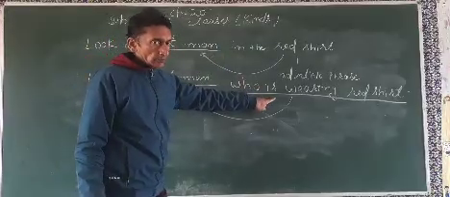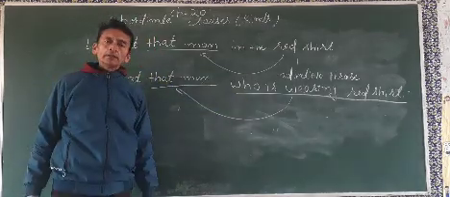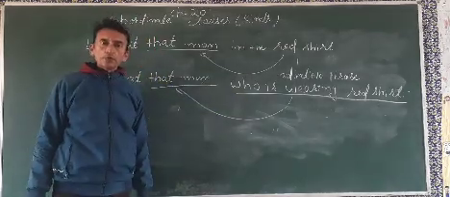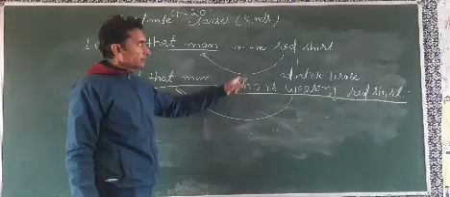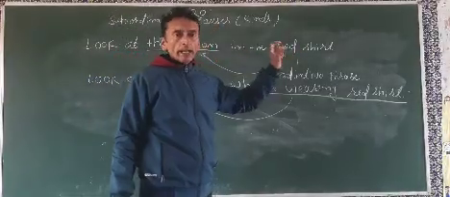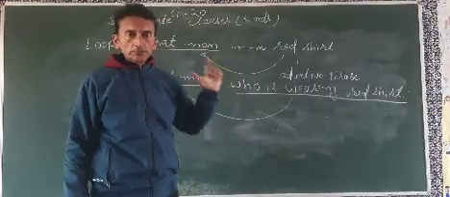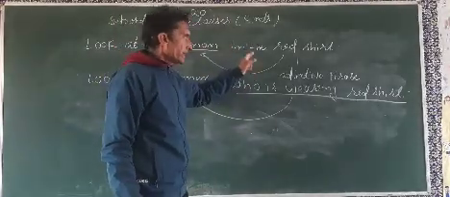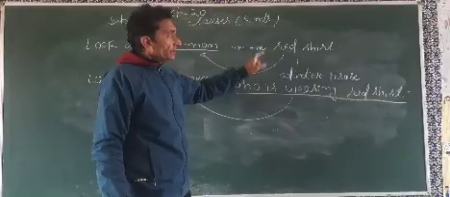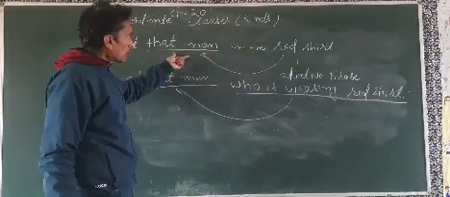Why is this an adjective clause? Because this clause has a subject and predicate on its own. But in the example in the red shirt, there was no subject and predicate. That is why this is a phrase and this is a clause. And this is an adjective phrase because it is telling something about a noun phrase.